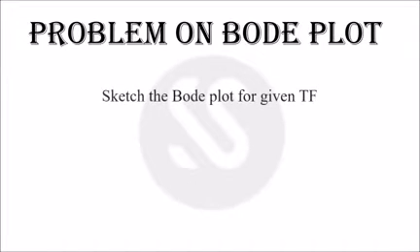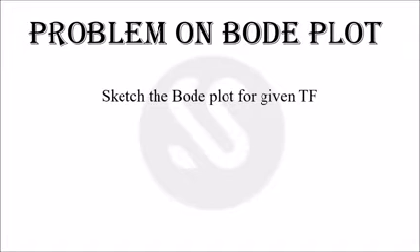Fine. So there is a problem given: sketch the Bode plot for the given transfer function. I want to add one more point: a Bode plot is not a single plot; it is a combination of two plots. The first one is the magnitude plot, where the magnitude is represented in decibels, that is 20 log |G(j omega)|, and the second is the phase plot.